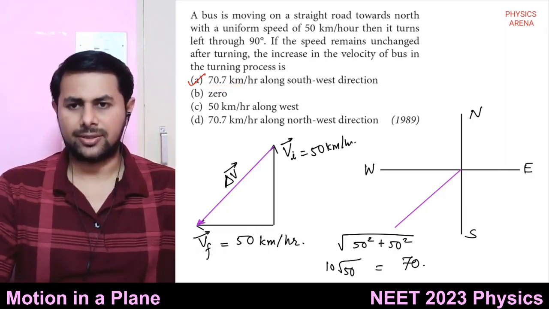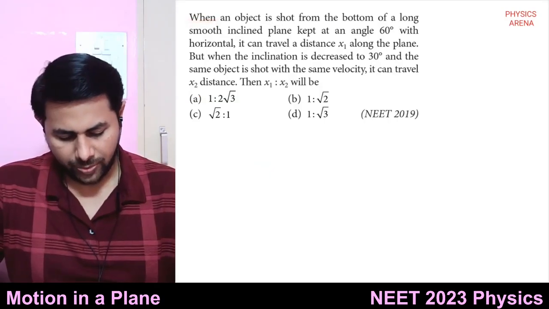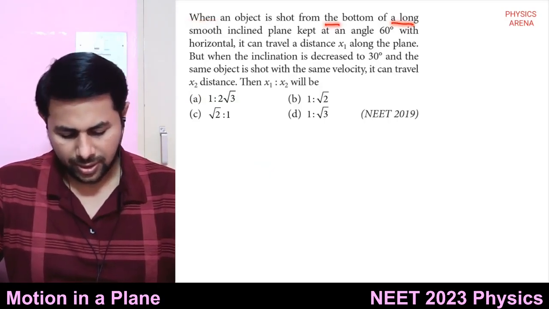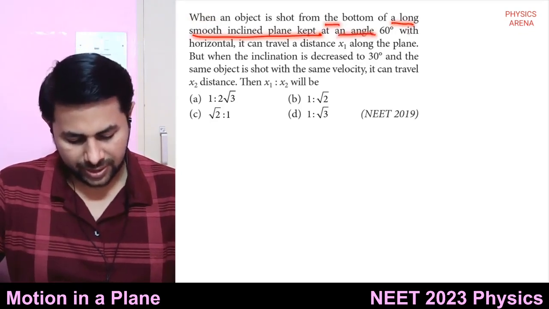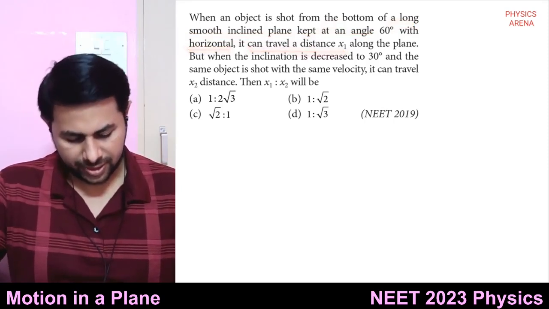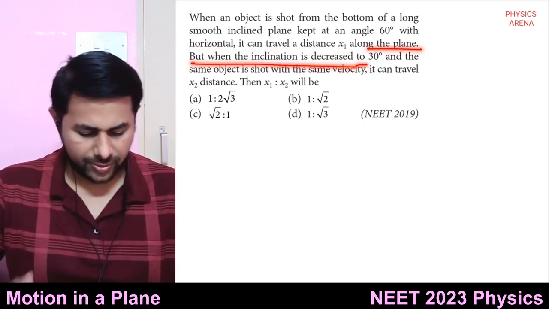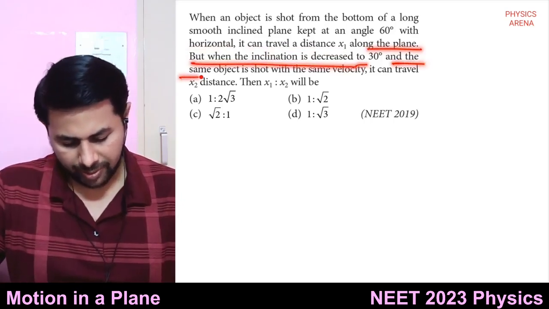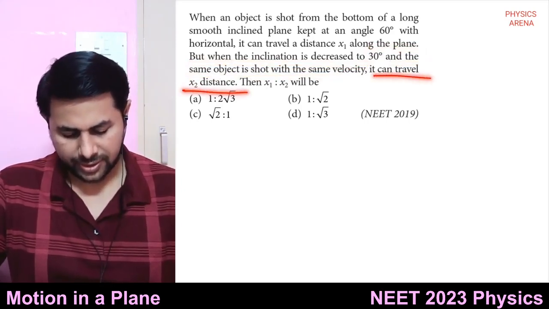This is the answer. Next question: when an object is shot from the bottom of a long smooth inclined plane kept at an angle of 60 degrees with the horizontal, it can travel distance x1 along the plane, but when the inclination is decreased to 30 degrees and the same object is shot with the same velocity, it can travel distance x2.